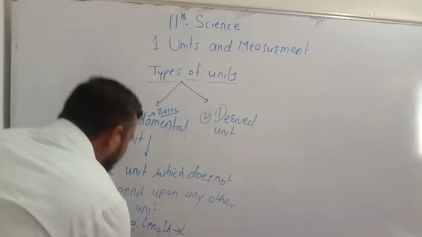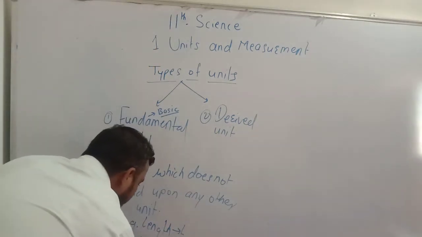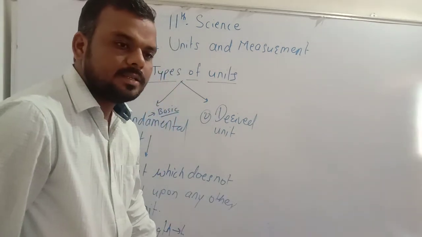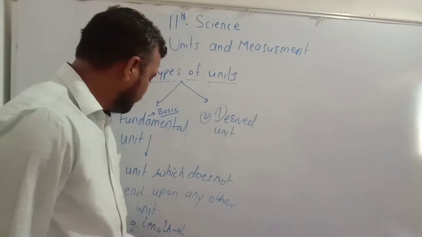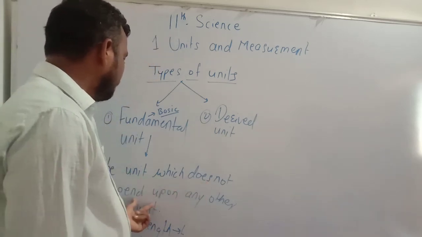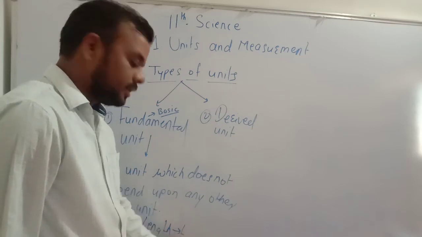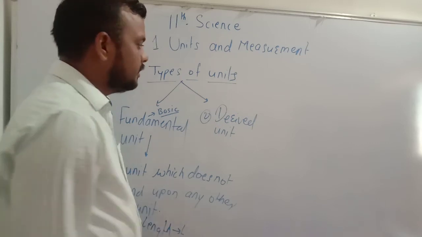Second point is the mass. Mass, M, also does not depend upon any other unit. The unit which does not depend upon any unit is called the fundamental unit. Then derived unit.